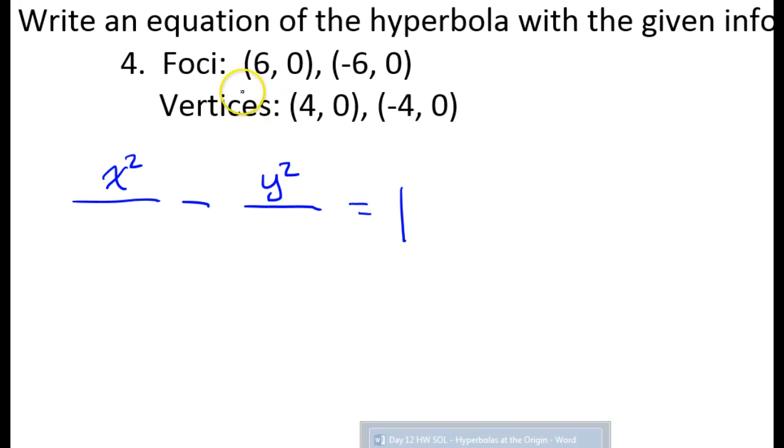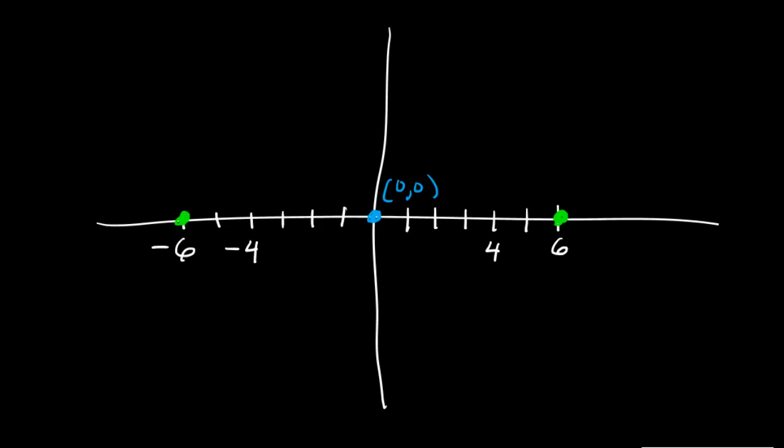Let's keep going. The vertices are at 4, 0 and negative 4, 0. Let's graph that. So the vertices are at 4, 0 and negative 4, 0, which tells us the hyperbola is doing this type of thing.